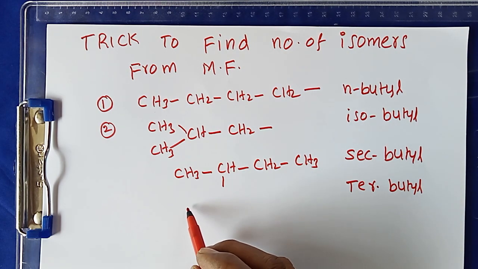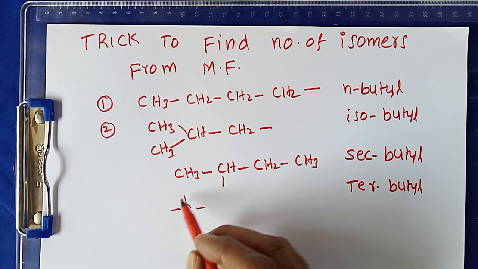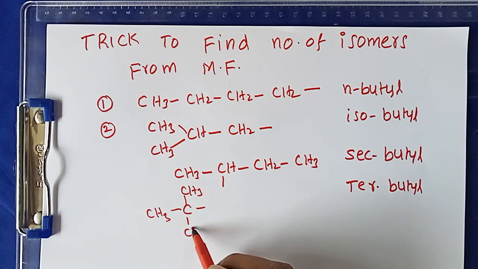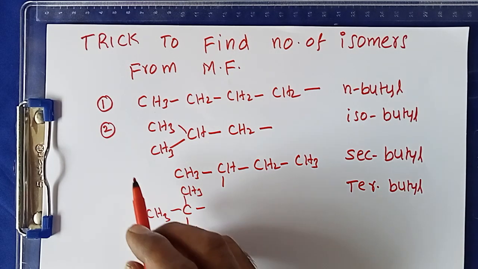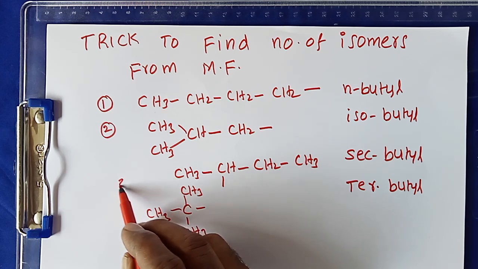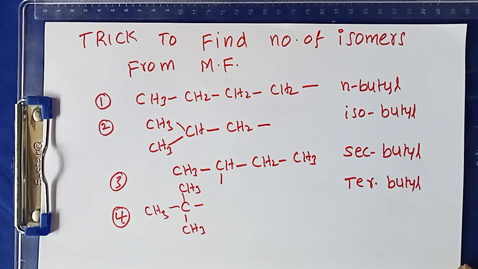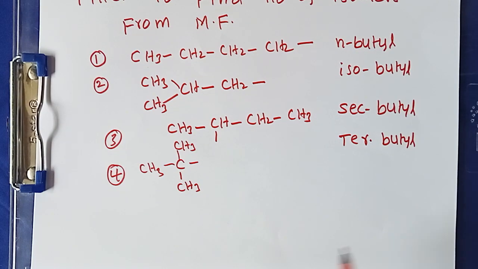Tertiary butyl means what? CH3, CH3, again CH3. So total how many? 1, 2, 3, 4 butyls are possible.